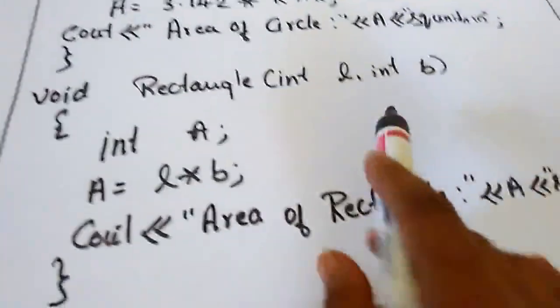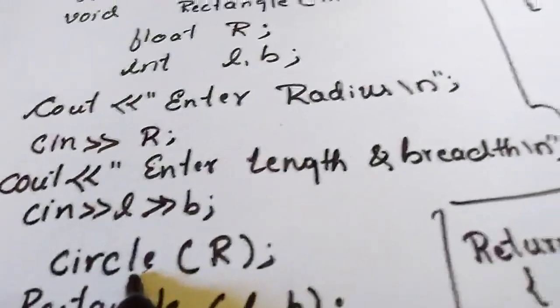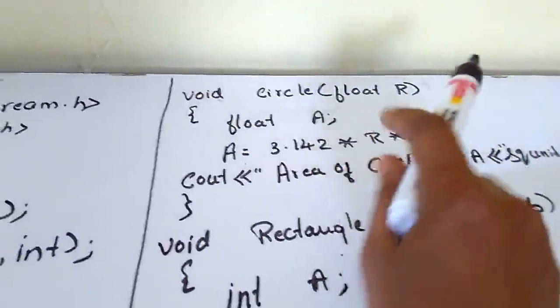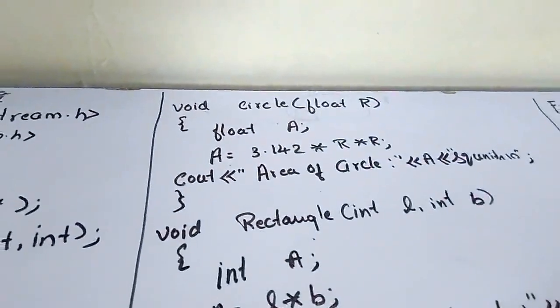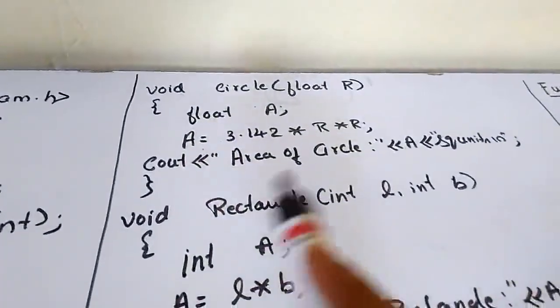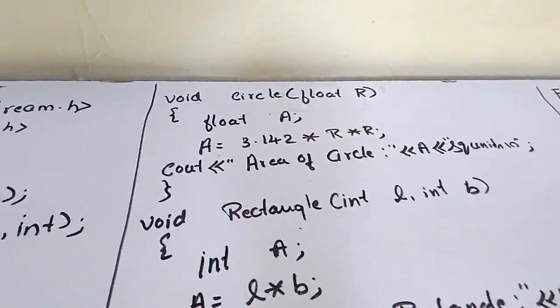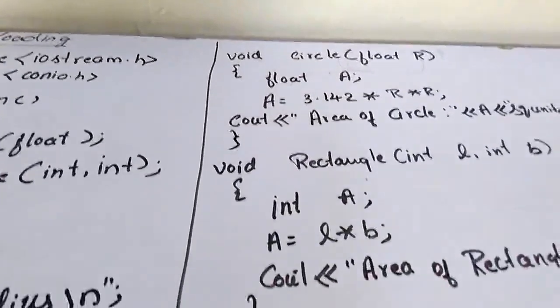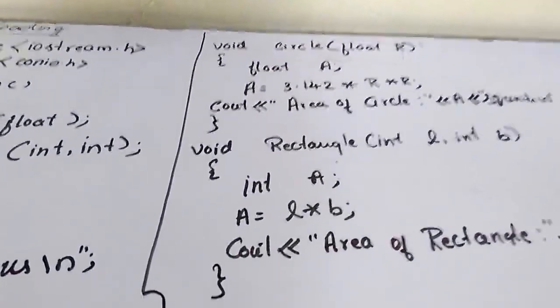Now the compiler searches for rectangle and executes it. Here every time the name of the function is compared with the names in the function definitions. Wherever it finds circle, it executes that particular function. I hope you are understanding. So, in order to uniquely identify the functions, we have to give different names.